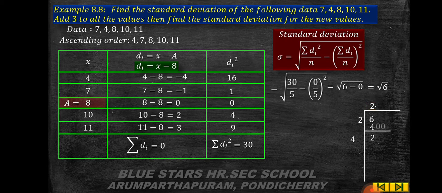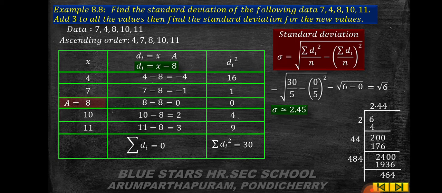Put the decimal, add two zeros. 44 into 4 you get 176. Then 24 into 4 you get 96, and 484 into 4 is 1936. So you get sigma approximately equal to 2.45.